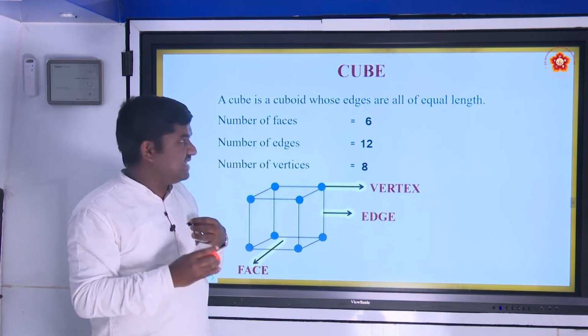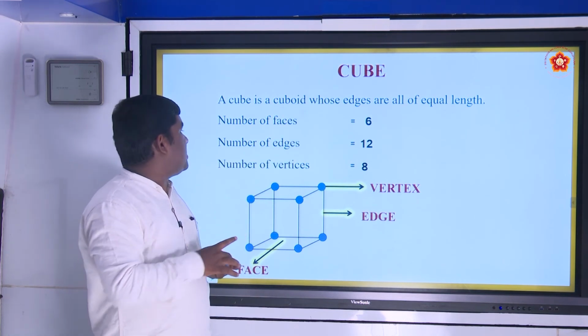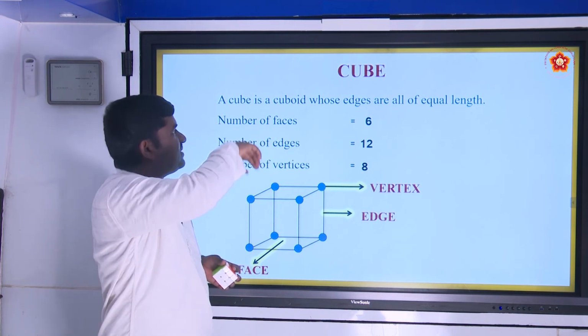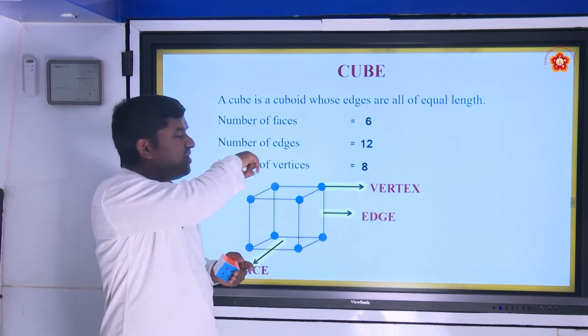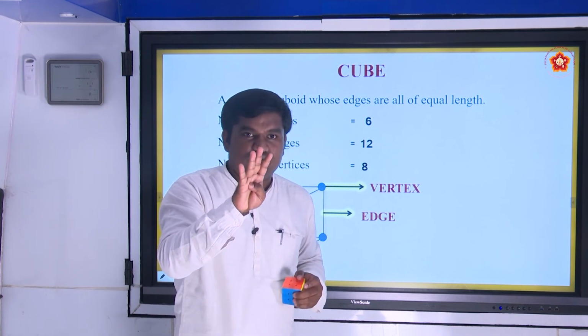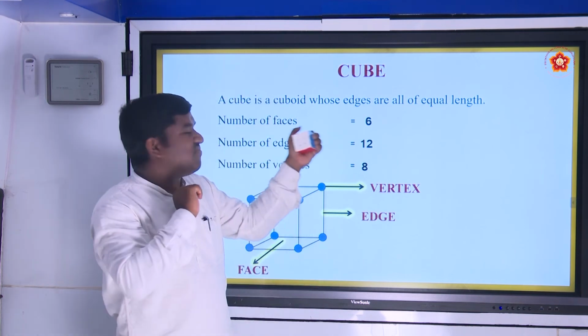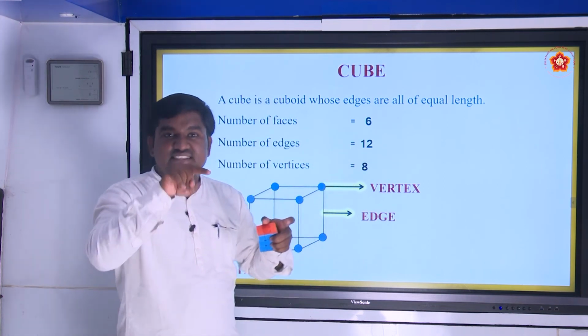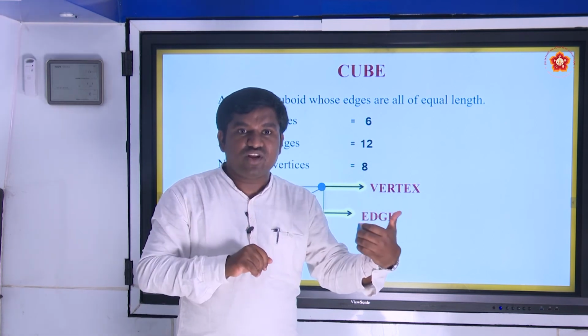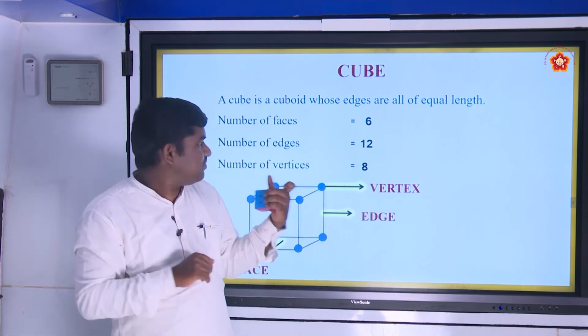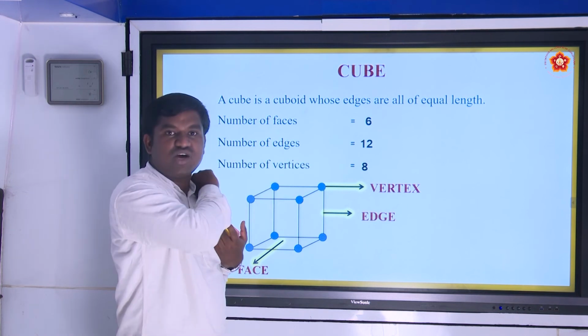But at the time of explaining cuboid, I told the number of edges in each face is 4. Total number of faces 6, 6 into 4, 24 edges. Yes, but here I told you the number of edges is 12.